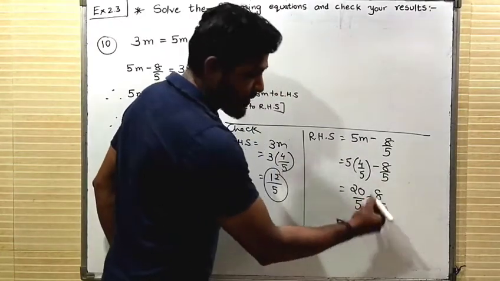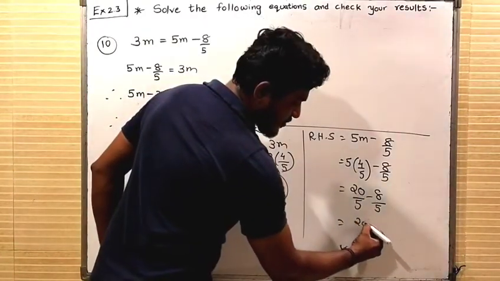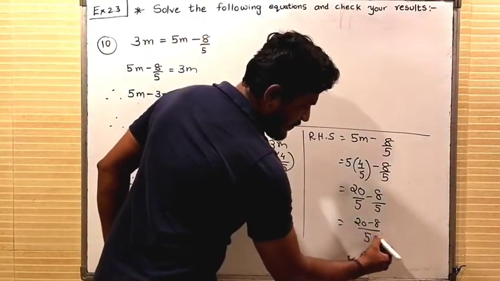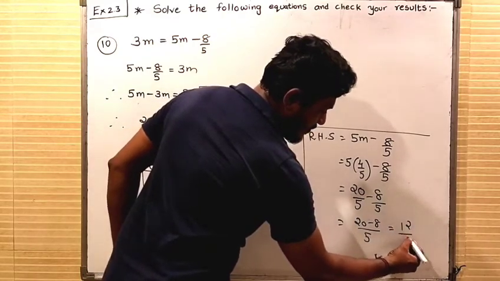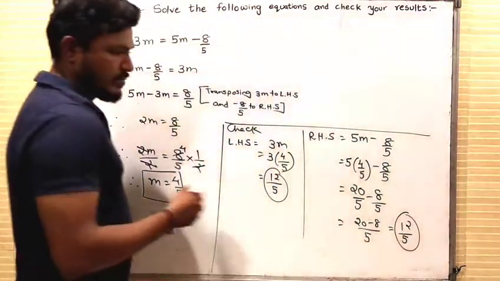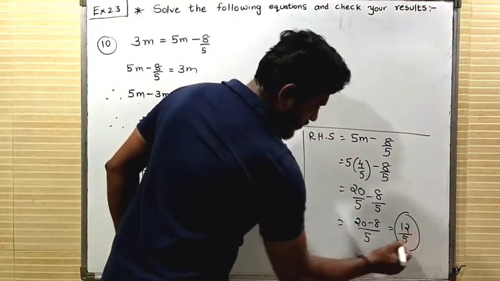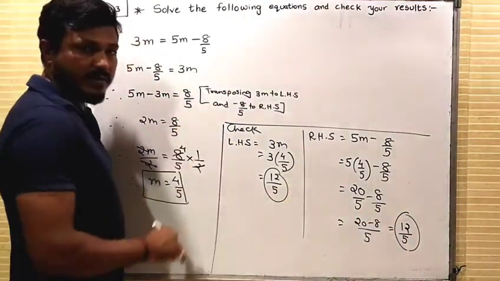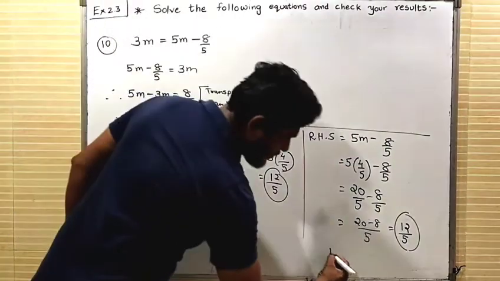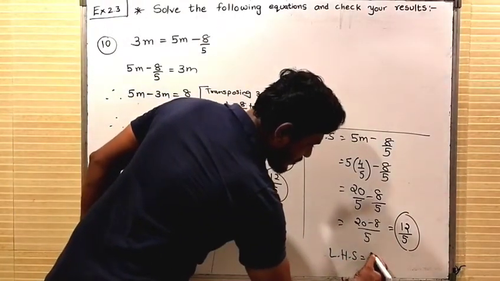Why? Because their denominators are the same. 20 minus 8 by 5. 20 minus 8 gives 12 by 5. See dear student, both sides we got the same value, 12 by 5 and 12 by 5. That means both sides are equal. Write down LHS equals to RHS.